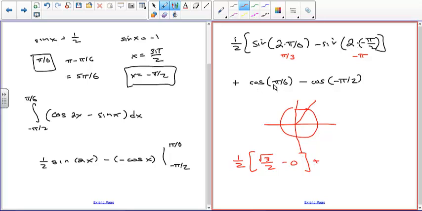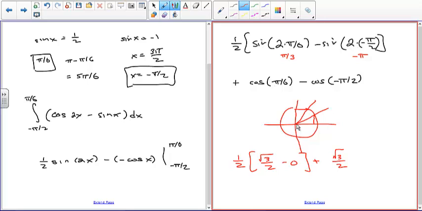And then we have the cosine of pi over 6, which pi over 6 goes here. The cosine is the x-coordinate, so that one is also going to be the square root of 3 over 2. And here we have the cosine of negative pi over 2, which comes down there.